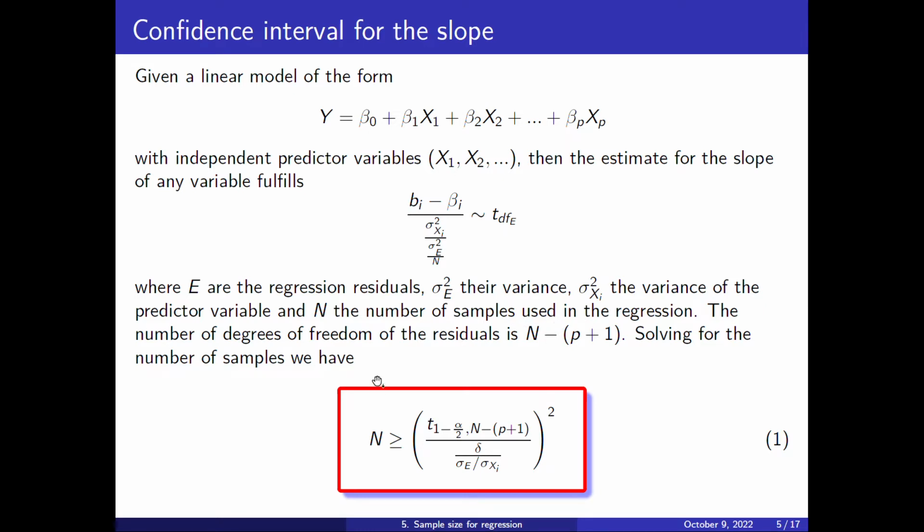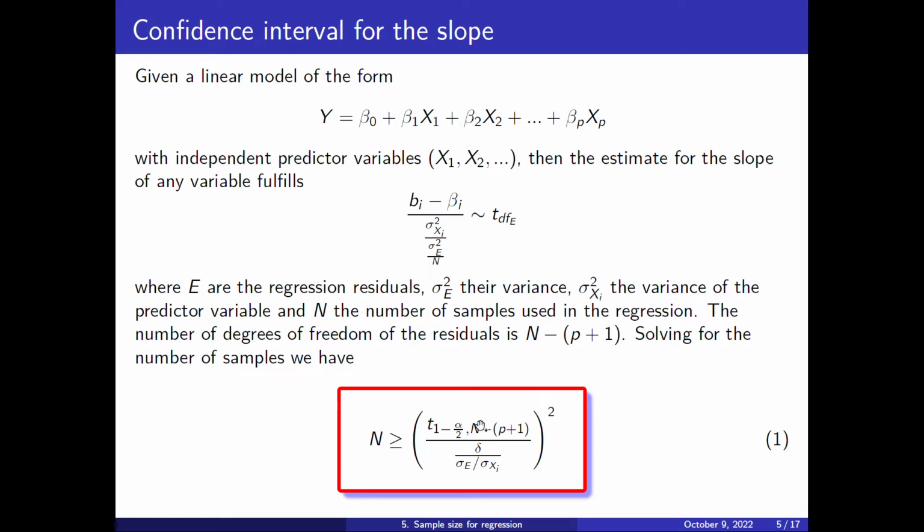So we may solve for the number of samples, and we have n that has to be larger than this. We see that it is very similar to the Gaussian-like formulas. It has a term depending on the confidence level divided by the normalized effect size, and this delta is the error that we allow to have.